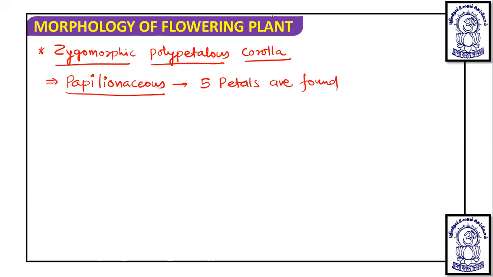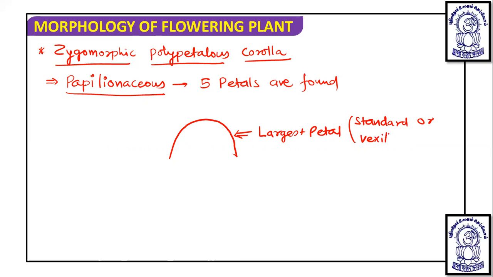And when we talk about these five petals, you will see that out of these five petals, one is a large petal found on this side, and this largest petal is known as standard or vexillum.